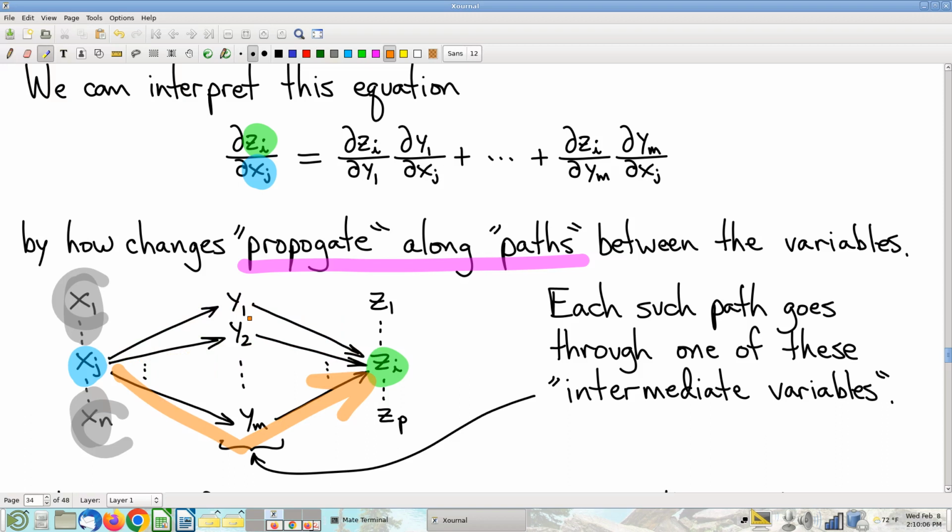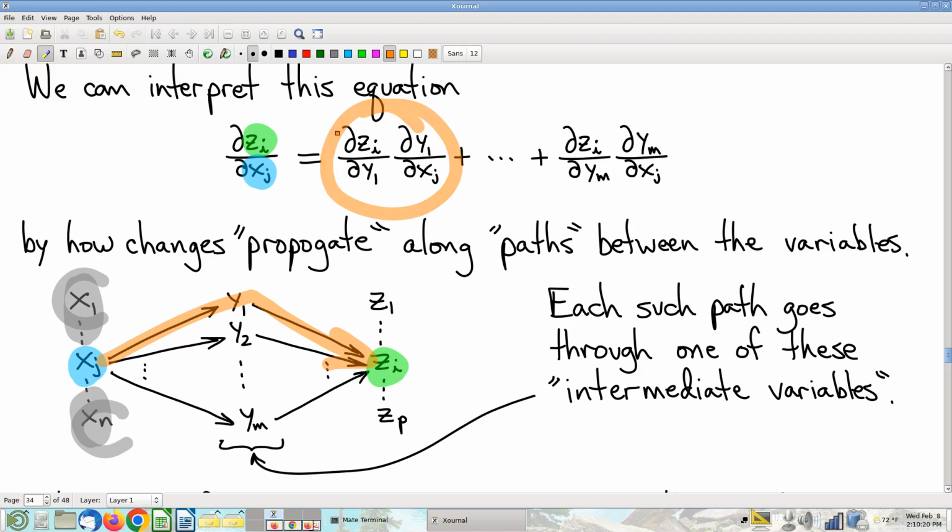A change in xj will cause a change in ym. A change in ym will contribute to a change in zi. So for each one of these paths, you get what I'm going to call a term in the total formula for the relationship between xj changes and zi changes.